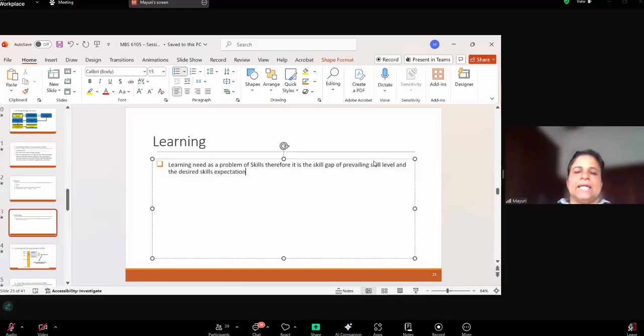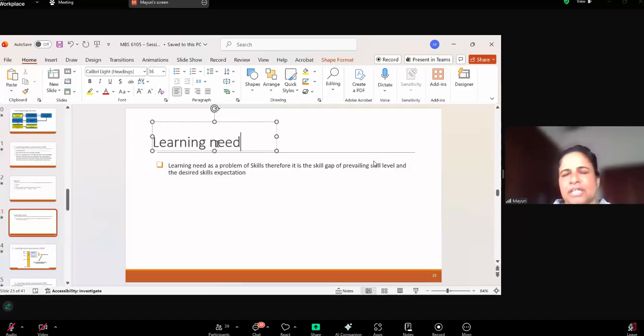Get it? So learning need is a gap between the expected skills and the actual level of skills, which is a skill problem, which is a skill gap. Okay, so that's the gap.